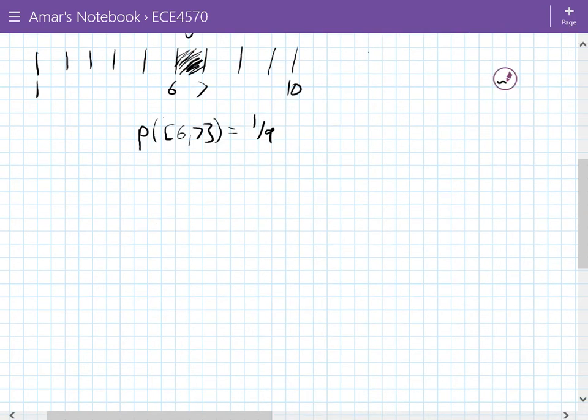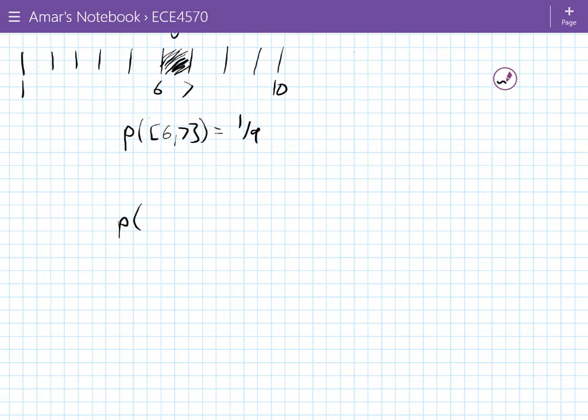So the probability of finding an electron between 4 and 5 is equal to the integral from x equals 4 to 5 of 1/5 dx. This is a probability density function.